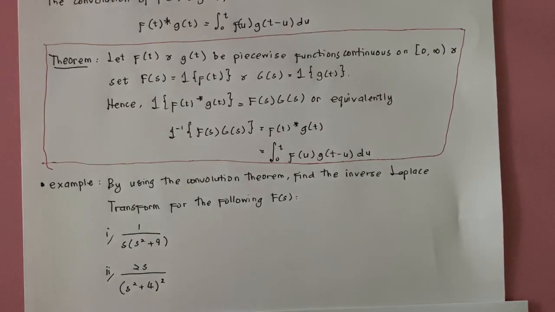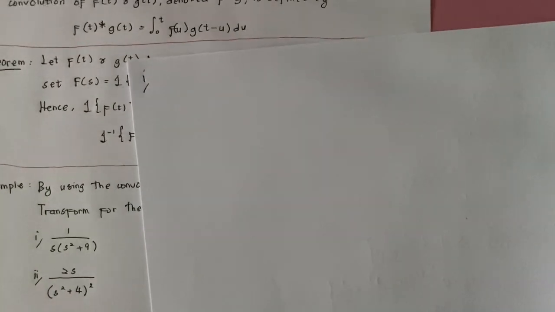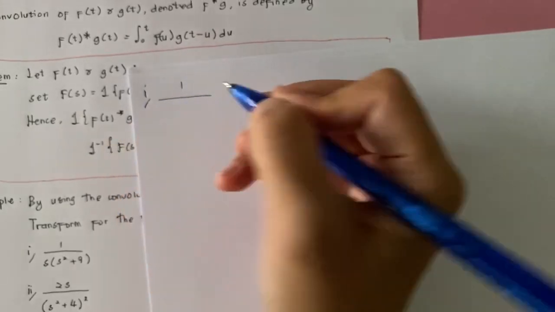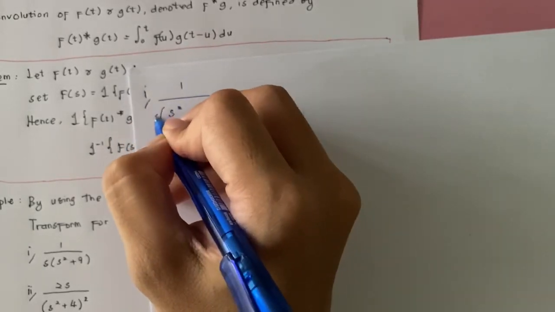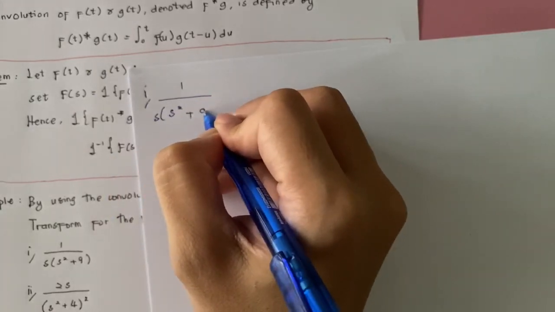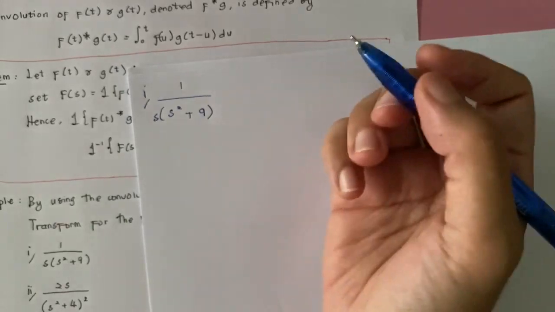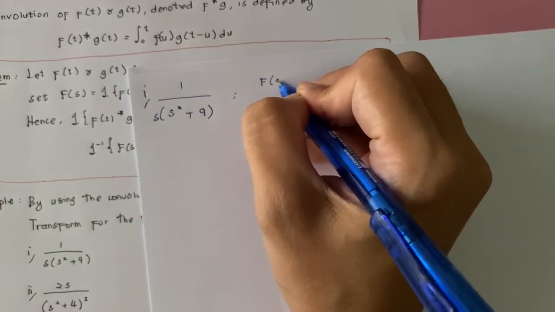So first example, how do we solve using the convolution theorem? Let's say you have 1 over s square plus 9. The first thing to do is to set your F(s) and G(s). What is your F(s)?